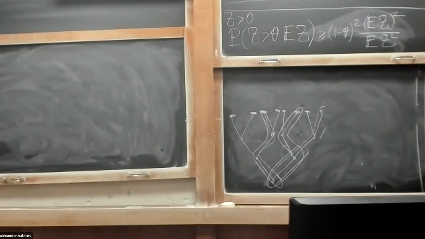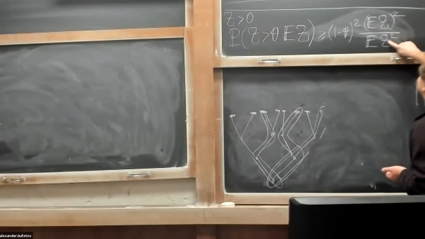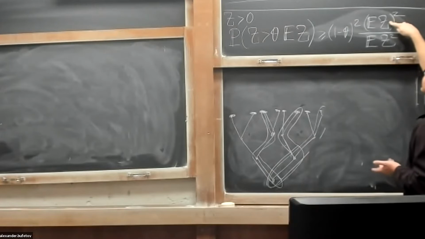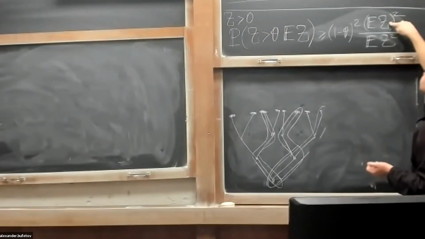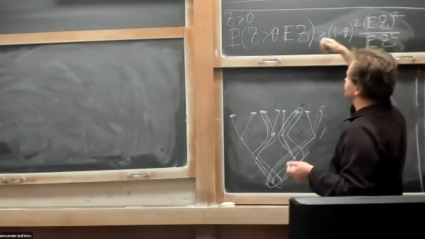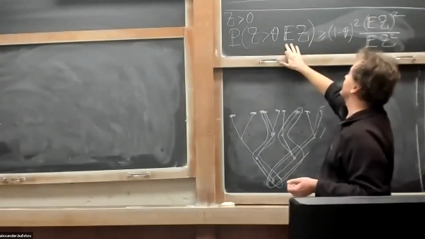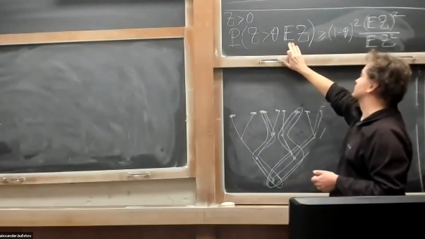So the Paley-Zygmund inequality says that precisely if the expectation of the square is comparable to the square of the expectation, then this is because the random variable is not too small. It cannot be too small.